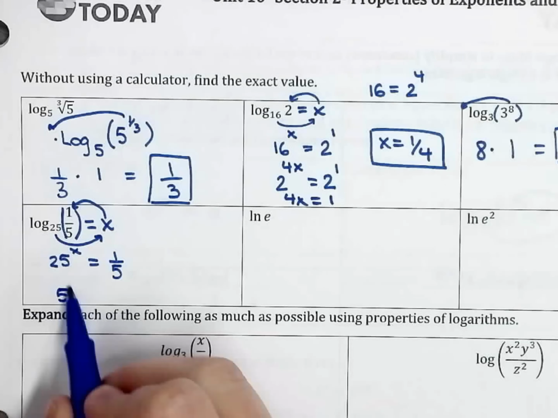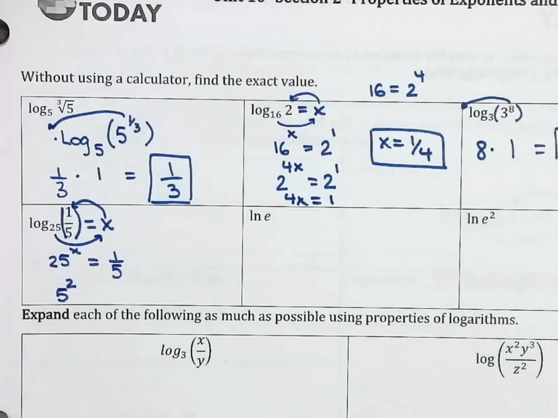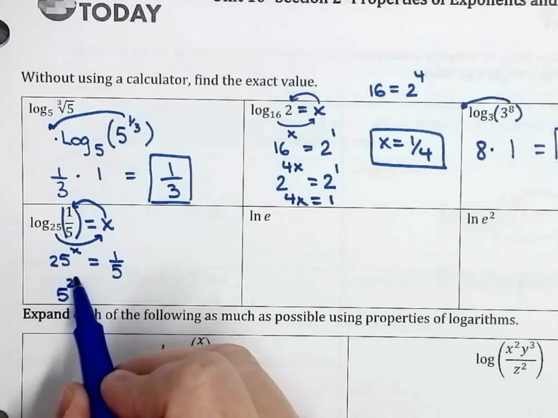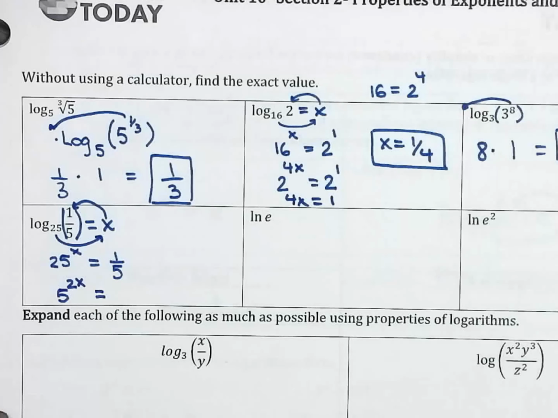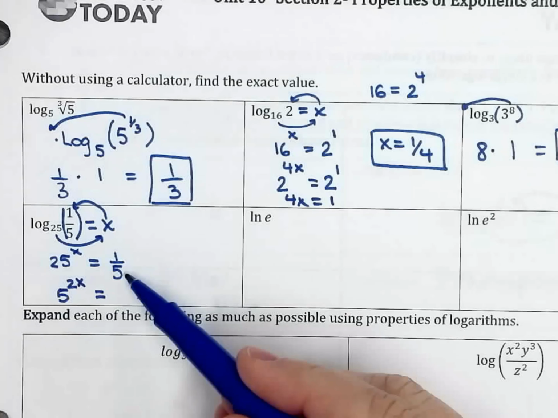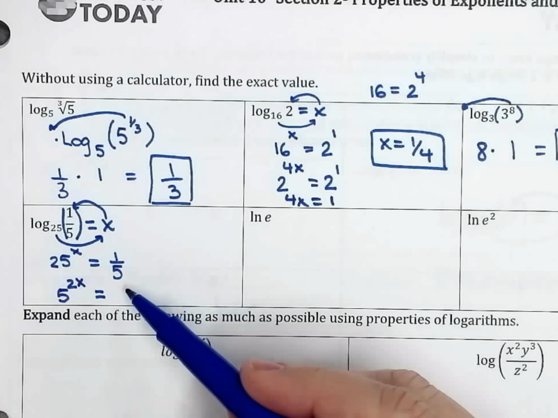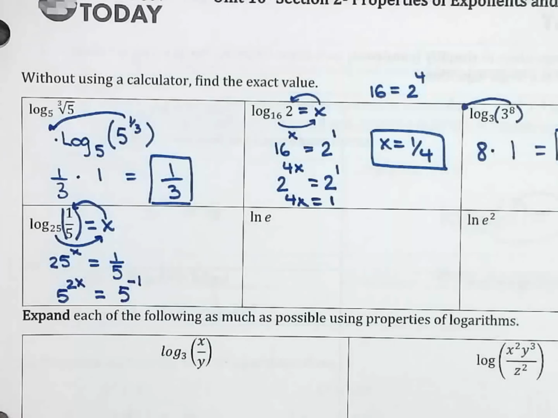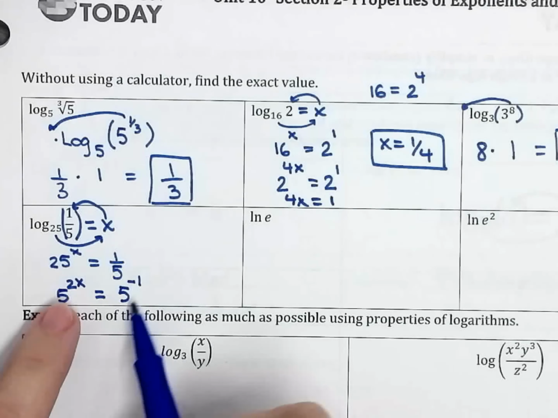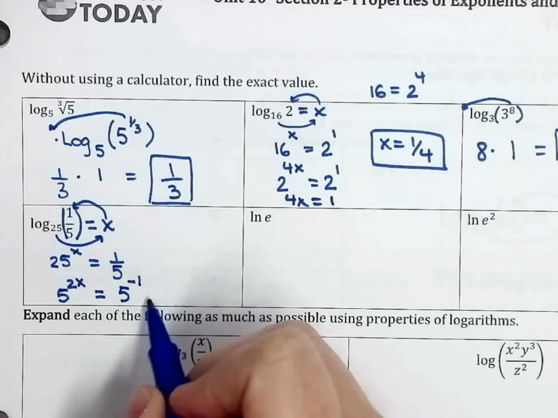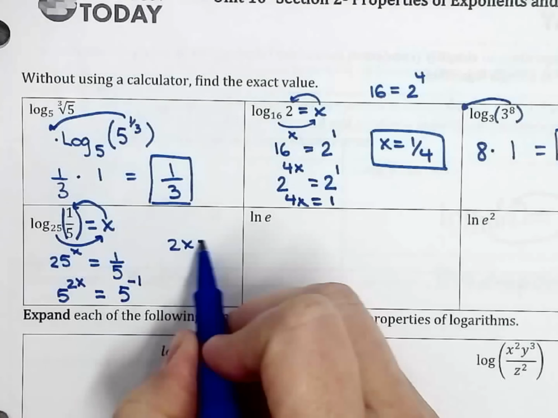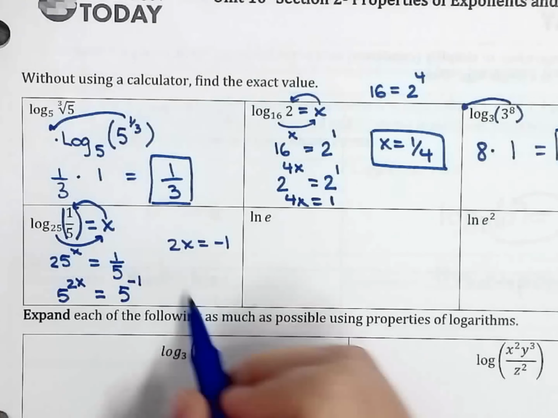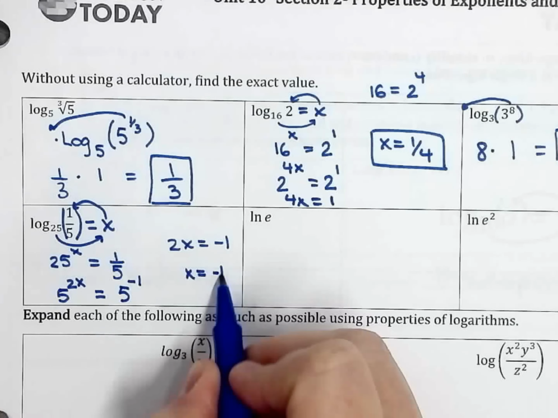So 5 squared is 25. This x is this x. Now, 1/5, I can also easily rewrite this as base 5. So 5 to the power of -1 equals 1/5. Now, the bases are the same, the exponents are the same. So 2x equals -1, x equals -1/2.